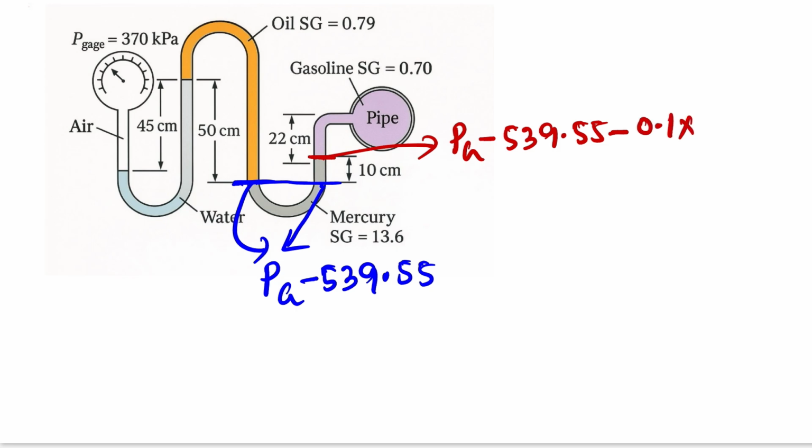Then the density of the fluid, that is mercury, will be 13,600 into 9.81.